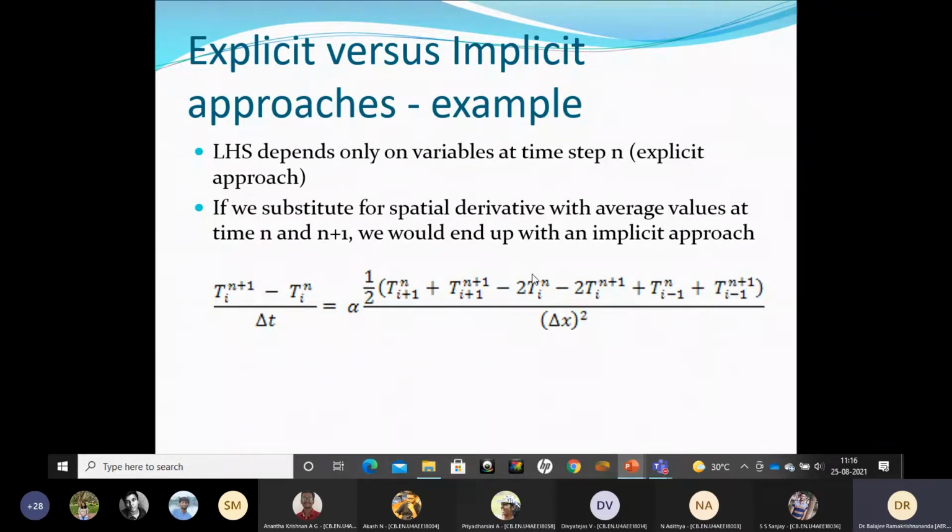Now these are all connected, okay? Because this will have Ti plus 1, the next one will have Ti plus 2, and instead of i minus 1, it will have i. So they will all be connected. Solve all these equations simultaneously. You will get the solution for Ti at n plus 1, Ti plus 1 at n plus 1, Ti minus 1 at n plus 1, and so on, for all the T's simultaneously.